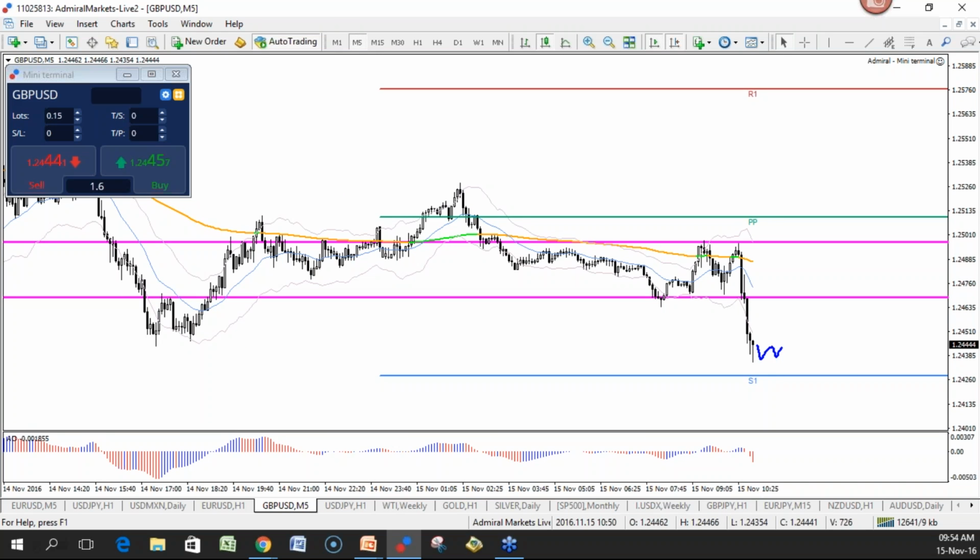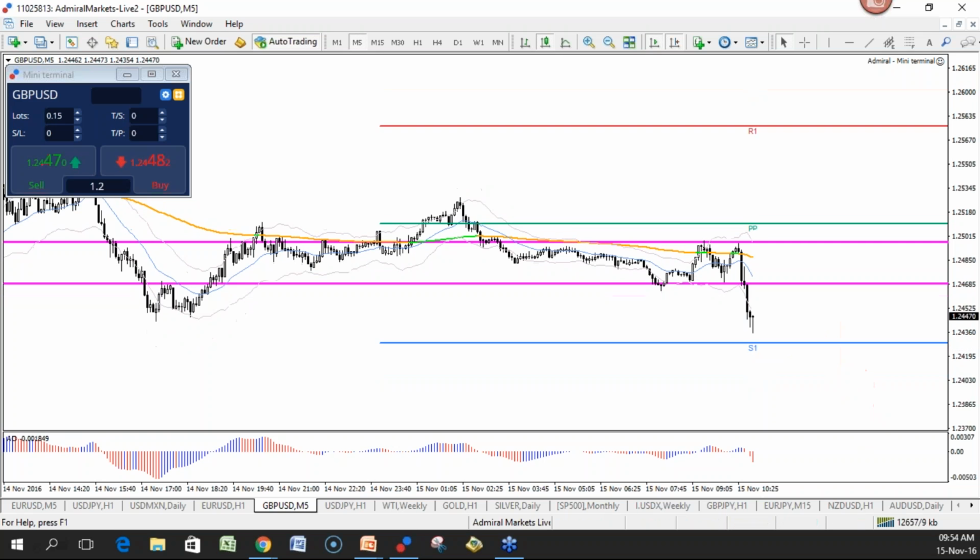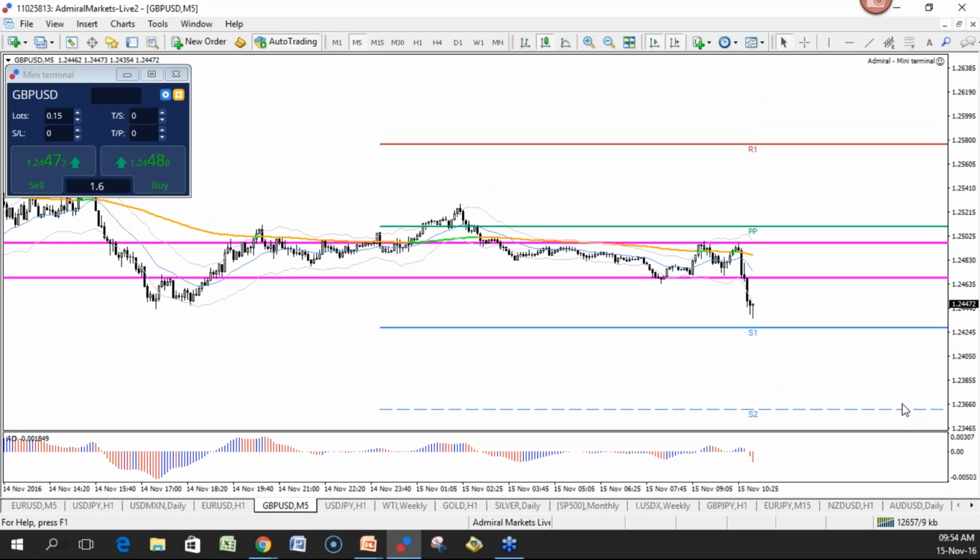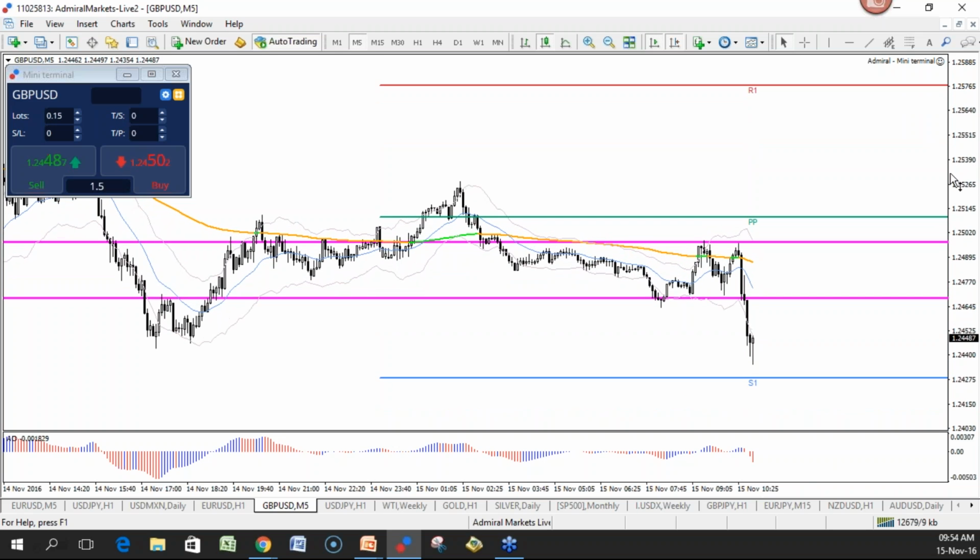Would be nice to see a bear flag here and the push down to the S1, push down to 124, 123.70. But this break is not everything either.